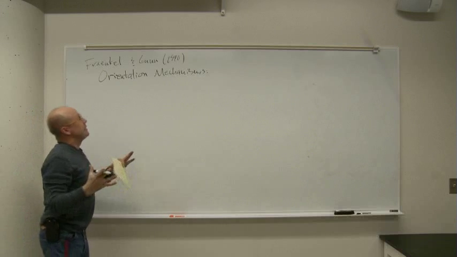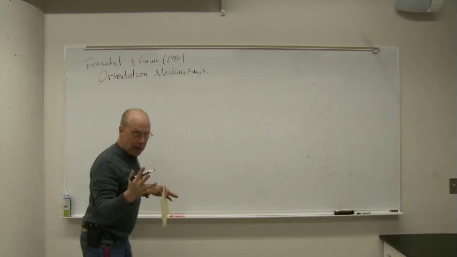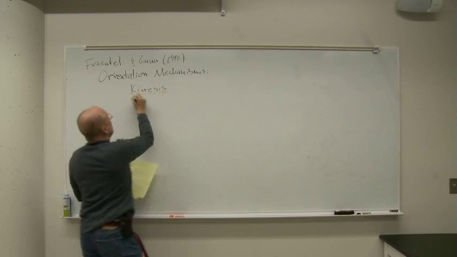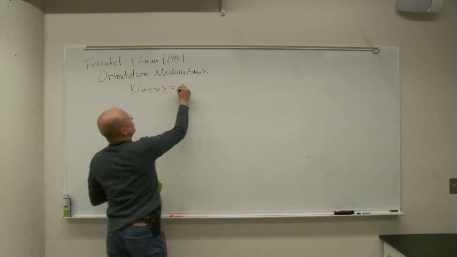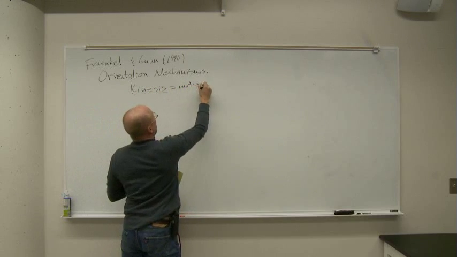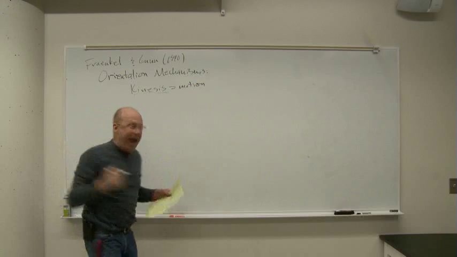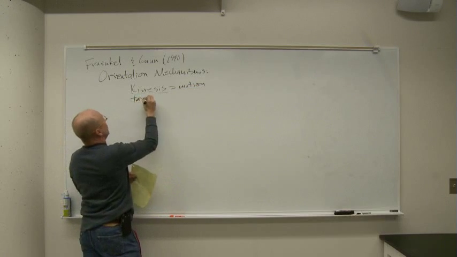And I want to break it down as they did to the very basic two concepts. The first one is the word kinesis. The word kinesis refers to motion, and the word taxis, which refers to order.